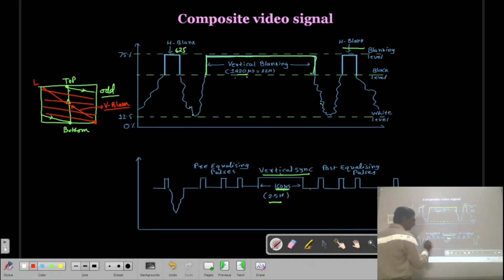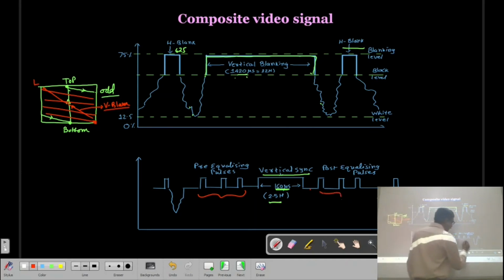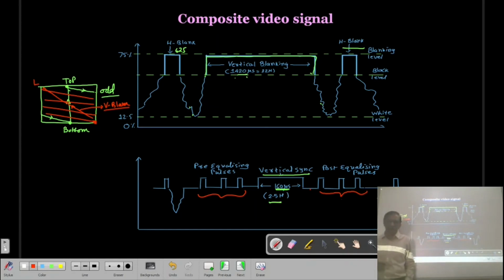Before the vertical sync pulse, a number of pulses are added, which are known as pre-equalizing pulses, as well as a number of pulses added after, which are called post-equalizing pulses. Then the odd field and the even field will be synchronized. So the equalizing pulses are added with the sync pulse. And what is the function of the sync pulse? That vertical sync pulse is synchronizing the field.